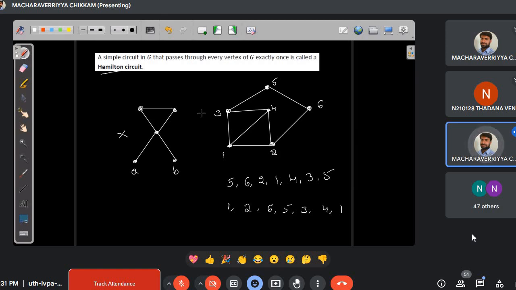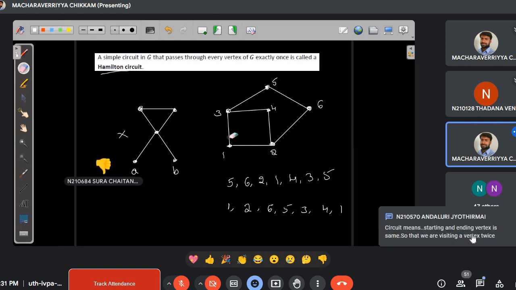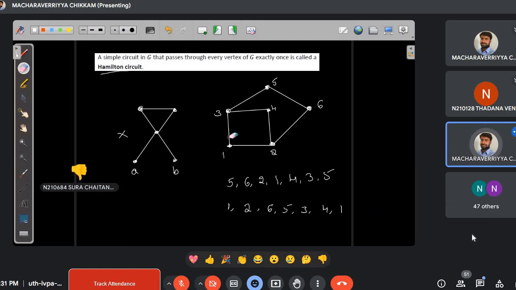Suppose what if I don't have this edge? Circuit means the starting and ending vertices must be the same.